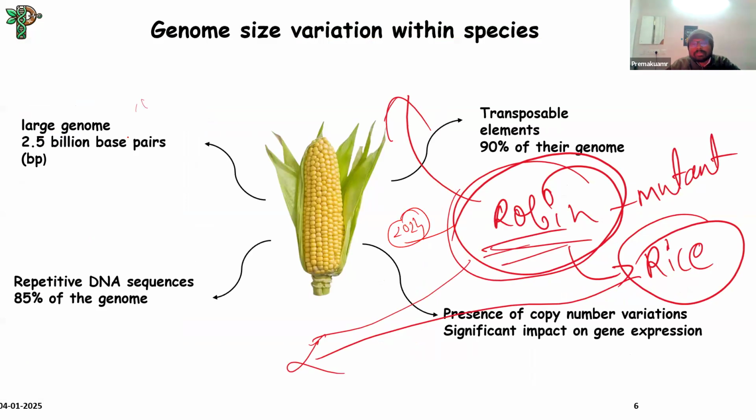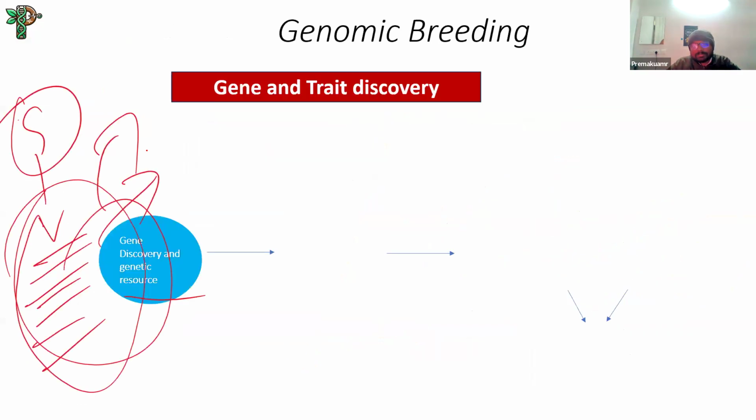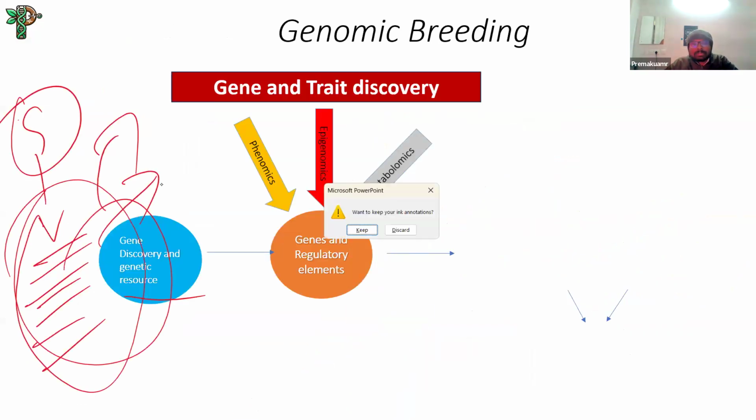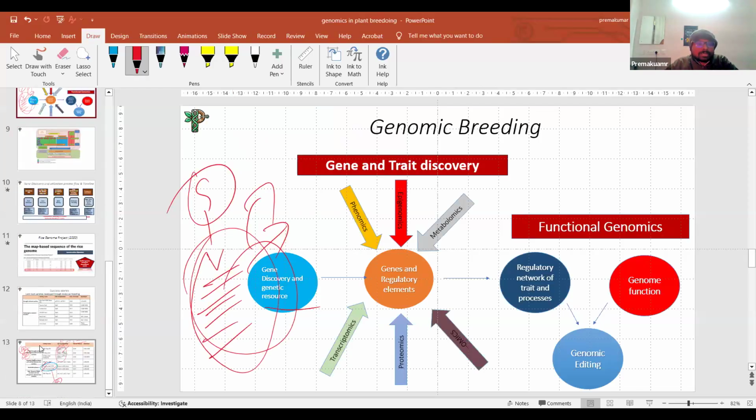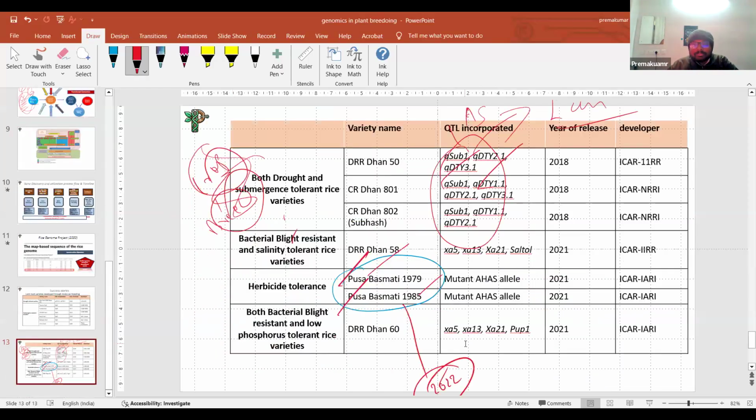Pusa Basmati 1979 and 1985 are the world's first transgene-free herbicide tolerant varieties. There is one particular gene called AHAS.